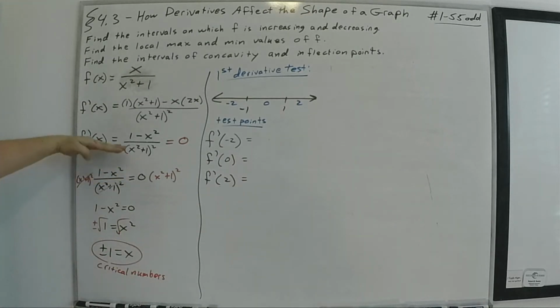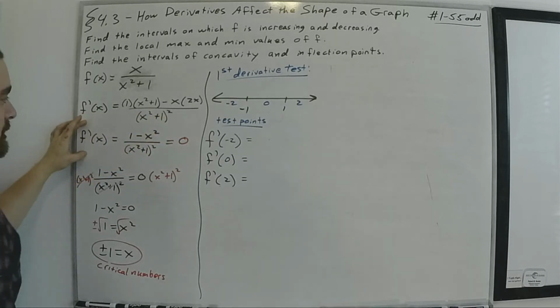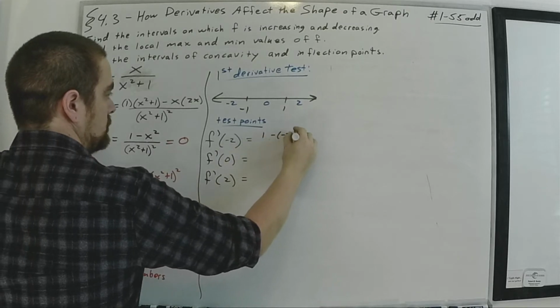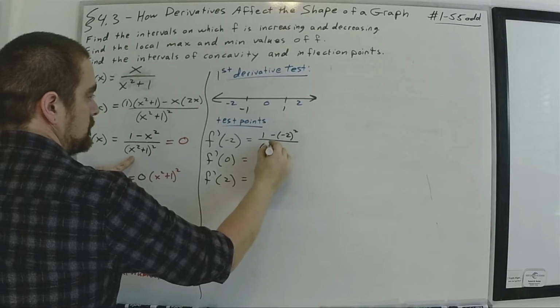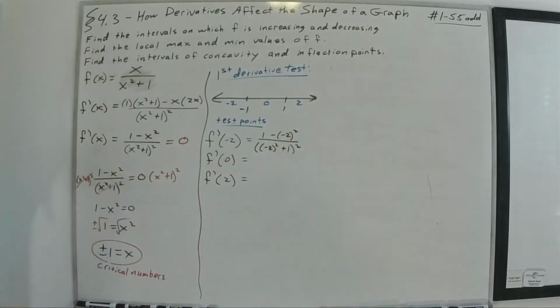This was like the cleanest version of the first derivative, right here. So I'm just going to hone in on this one. That's my first derivative. Let's plug -2 into it. 1 minus -2 squared up top, -2 squared plus 1 on the bottom, and then square that quantity like that.